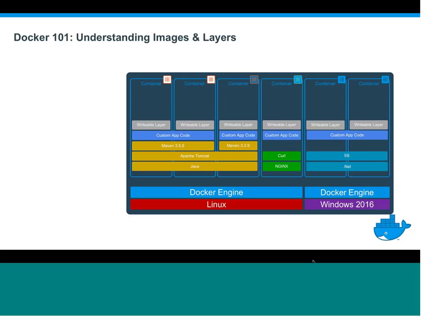But this isn't limited to Linux. We've been working with Microsoft in a partnership that started in 2015 so that you can run Windows containers as well. Docker gets installed on a Windows server, and you have the same benefits of this sharing of layers there as well.